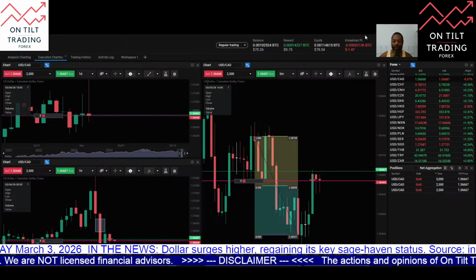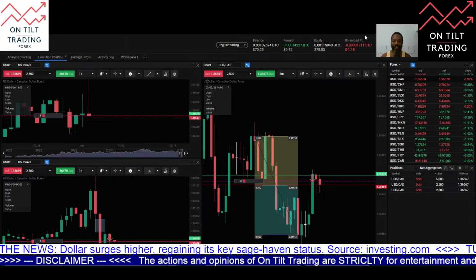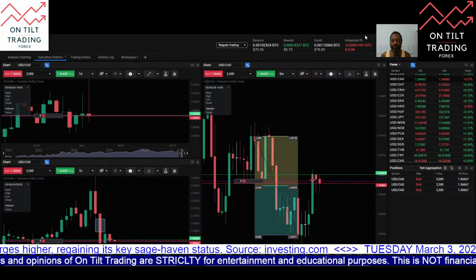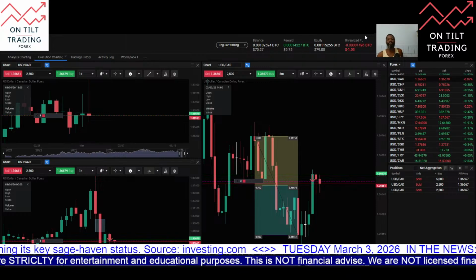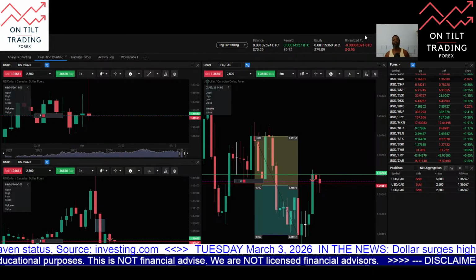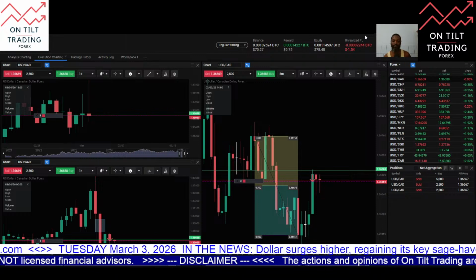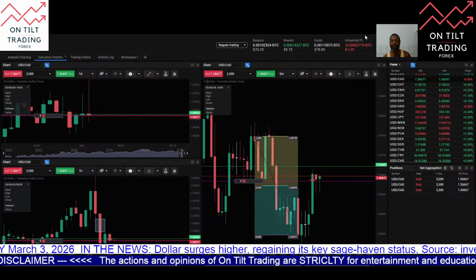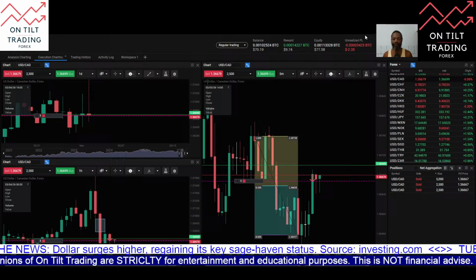Currently this 5-minute candle is showing volatility and trading inside the range of the previous 5-minute candle, yet to break out in either direction. Price testing the 5-minute high again.